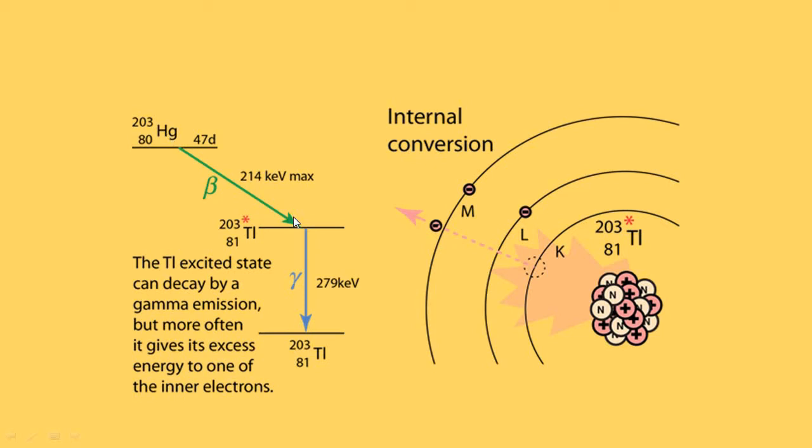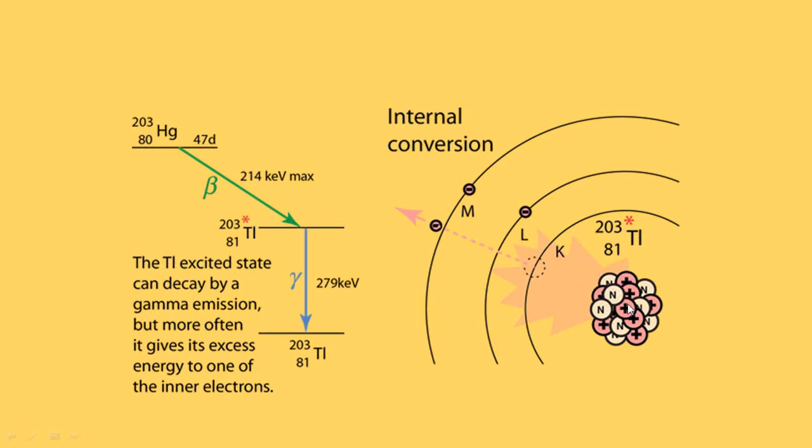So, you have a beta emission here. Your daughter nucleus is at an excited state and it can release the difference between the energy of the excited state and ground state by a gamma emission. But sometimes this energy is directly given there, as you can see in this figure itself.